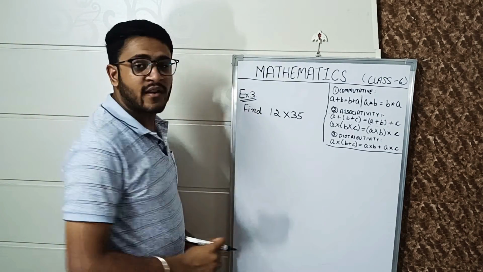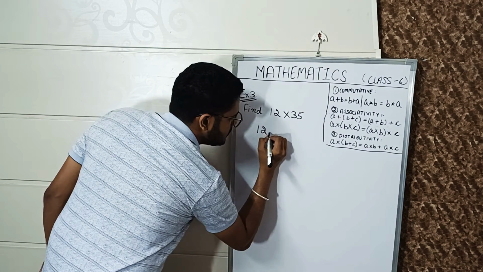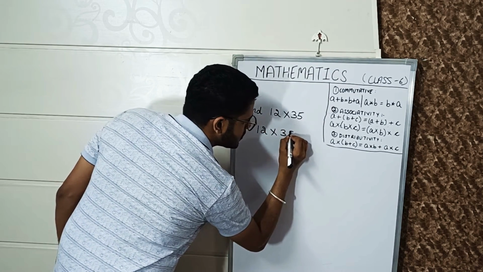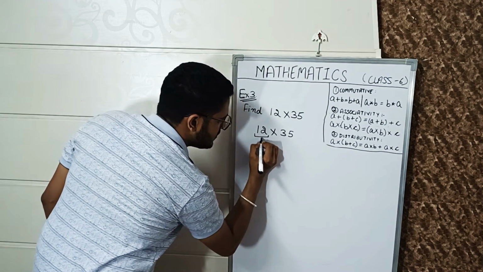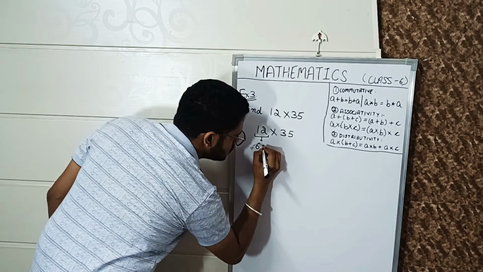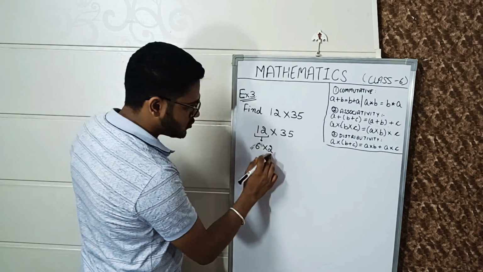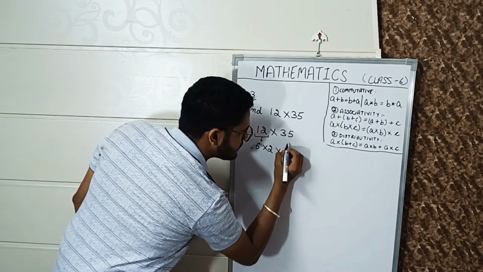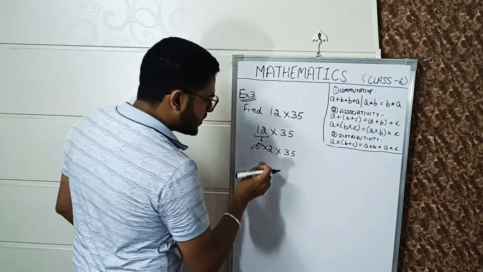Now let's try to find out 12 into 35. 12 into 35. Now can we write this 12 as 6 into 2, right? 6 into 2 multiplied by 35, right?